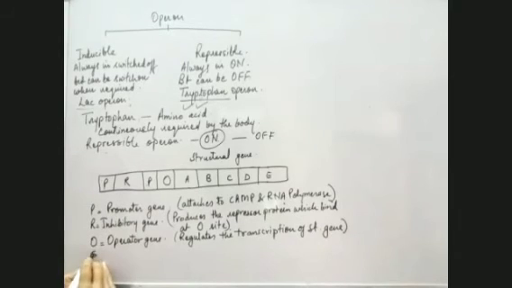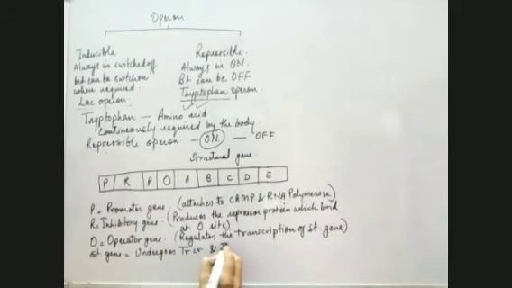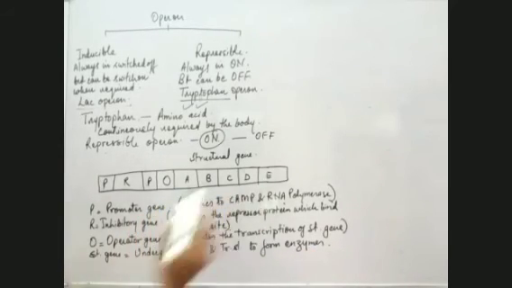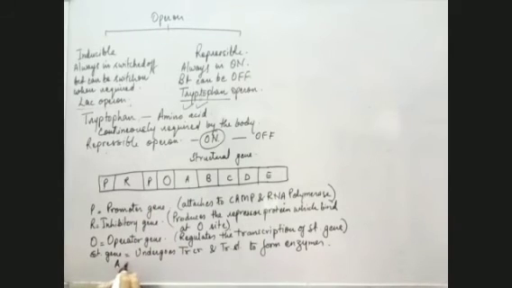Then we have the structural gene. This undergoes transcription and translation to form enzymes. Which enzymes are formed by A, B, C, D, E?